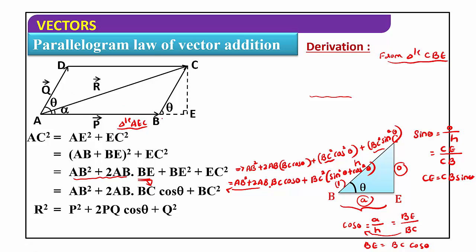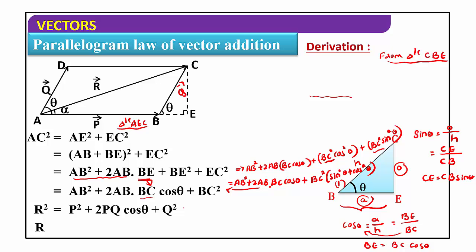AD is equal to BC, so this is also vector Q. So we can write in place of BC as vector Q cos theta plus BC square equal to Q square. So we got R square equal to P square plus 2PQ cos theta plus Q square.